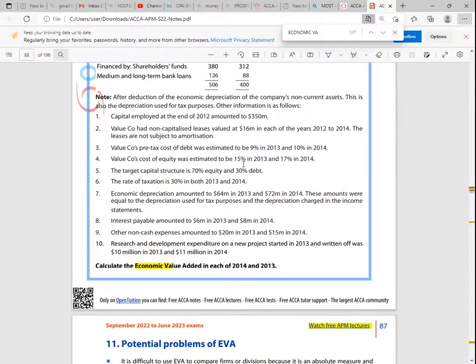So times 15%. Nope, the cost of equity for 2014 is supposed to be 17%. Weight of debt doesn't change. The weight of debt is 0.3 times the cost of debt after taxation. Cost of debt before taxation for 2014 is 10%, but remember this 10% has to be tax adjusted.